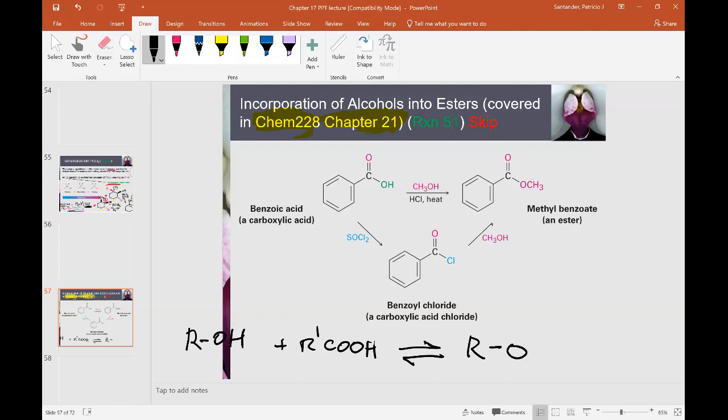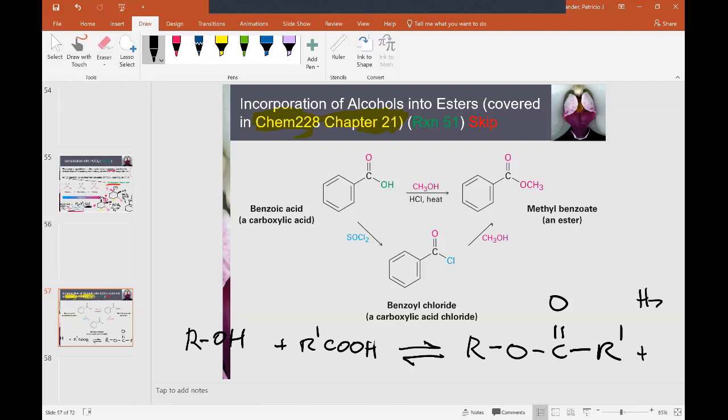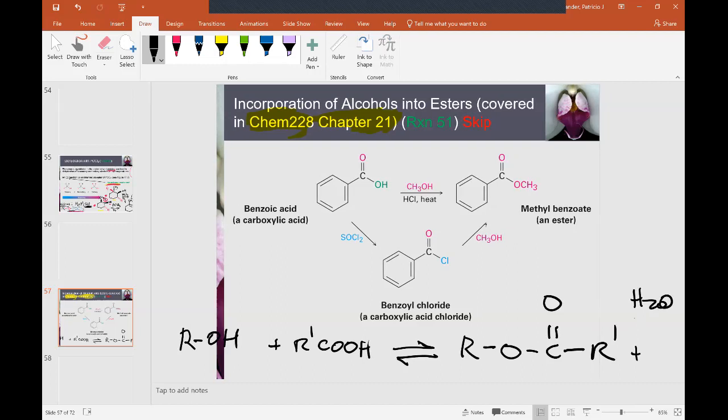It will be R-O-C-O, and then the R prime, right? There you have the ester part. What did you lose in this? What is the side product in this reaction? Water. So you have elimination of a water molecule. So this is the so-called Fischer esterification.